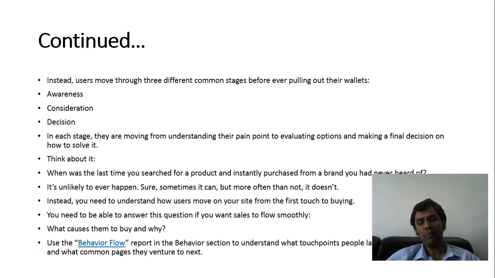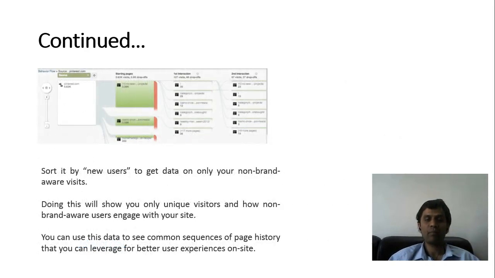What causes them to buy and why? Use the Behavior Flow report in the Behavior section to understand what touchpoints people land on before buying and what common pages they venture to next. Now, please refer to the snapshot.